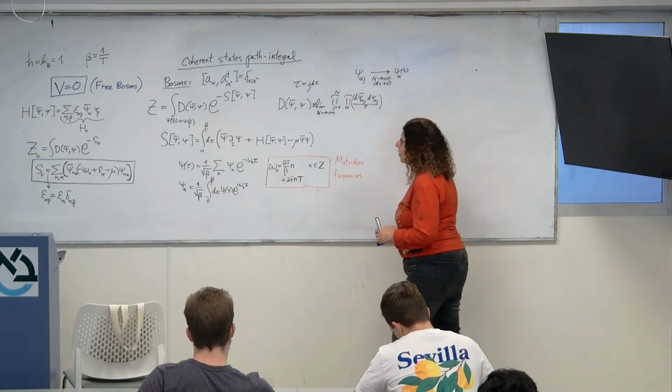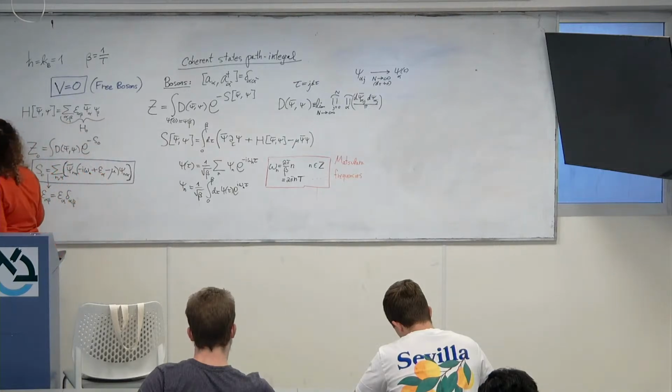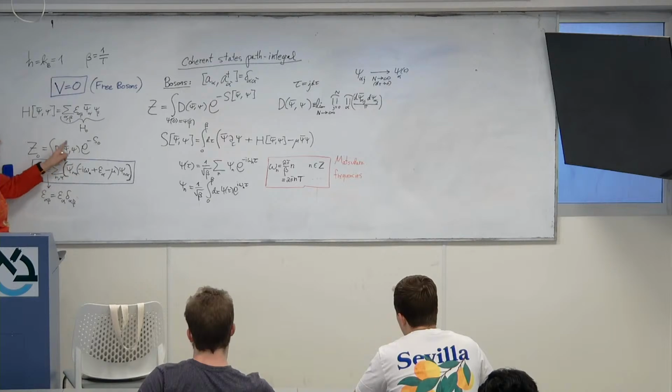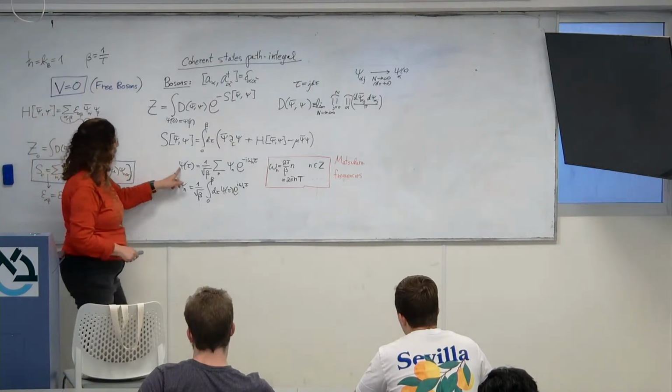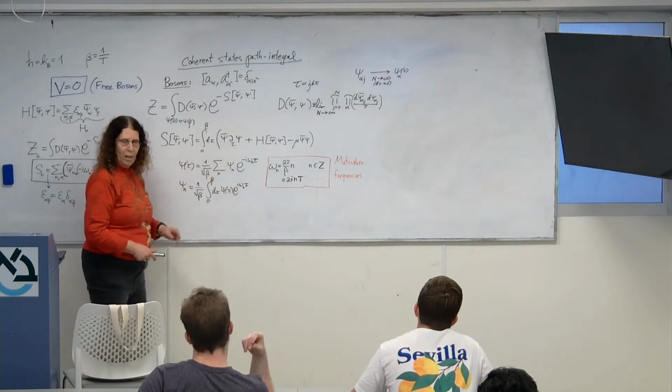I just want to say there's one little, not very subtle, but something you have to be careful about. So when I defined my differential, I defined it in terms of psi of tau, okay? Now I change variables from psi of tau to the Fourier components, which is okay, it's a linear transform.